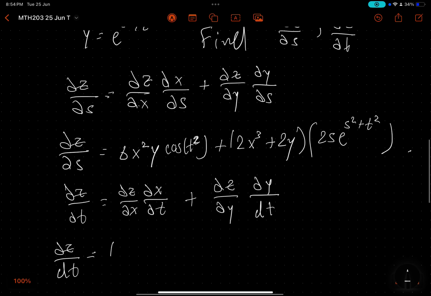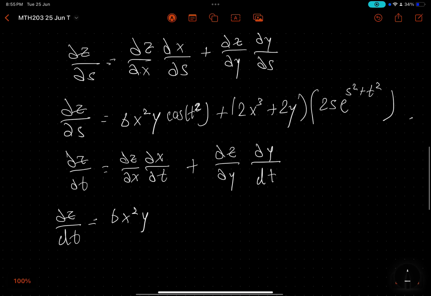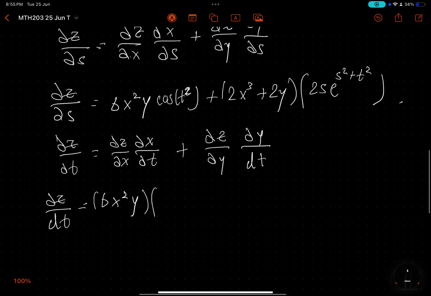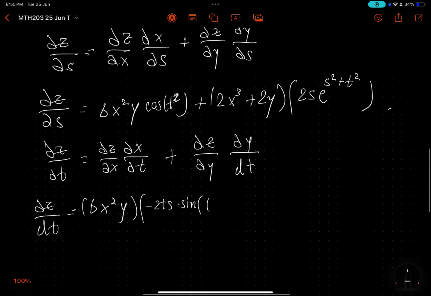Okay, 6x squared y times dx with respect to t, so it's minus 2ts sine of t squared. Okay, I hope this doesn't get confusing. This is the first part, we're done.